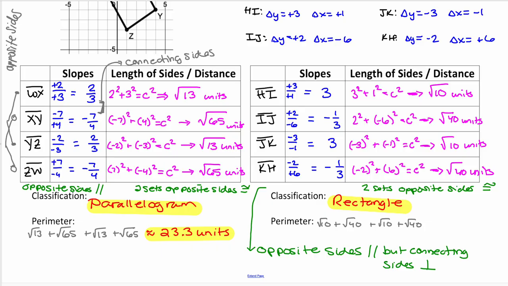Put these into the calculator as they are, and then round your final answer. So we'll get approximately, I'll round this to the nearest hundredth, 18.97 units. Or it's technically 18 and 97 hundredths is how you would say this correctly. Our perimeter is 18 and 97 hundredths units.